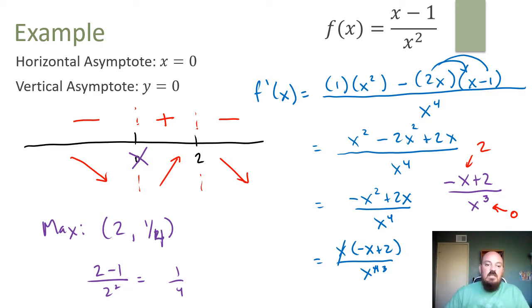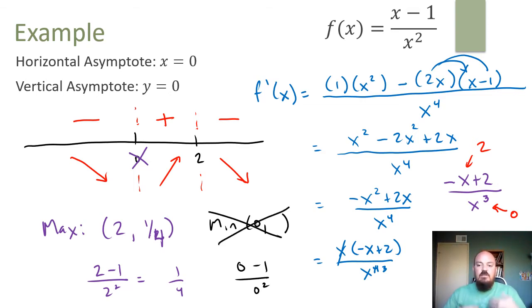Now, if I had tried to find the other one, like if I said, okay, now there's also a minimum at 0 comma something, then I get 0 minus 1 over 0 squared, and I realize, oh no, wait, that was undefined, so it's not really a minimum. So even if you didn't remember that was an asymptote, the work's going to tell you it is anyways. So basically this one has a maximum at 2 comma 1/4 and nothing else.